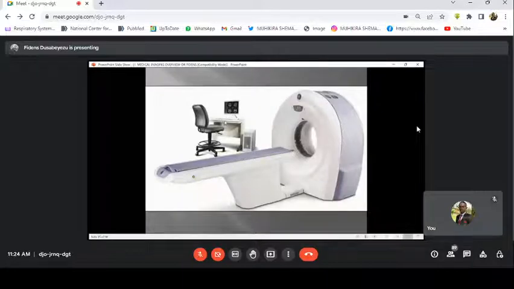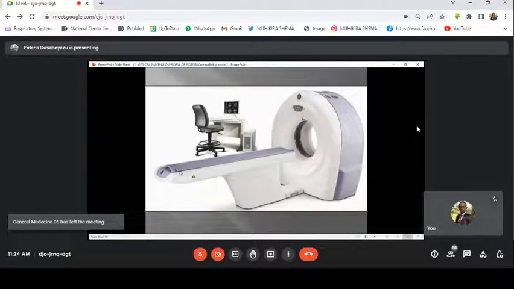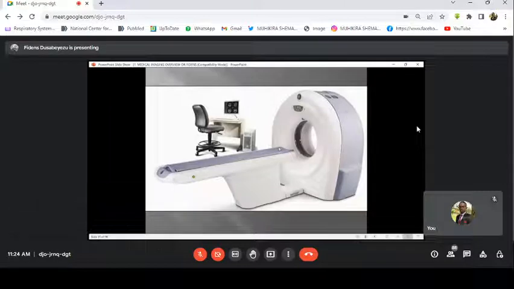The operator manipulates this machine from out of the room. The operator can move the table and this machine according to where you examine. Now the machine will send X-rays and produce the images here, right on the screen.